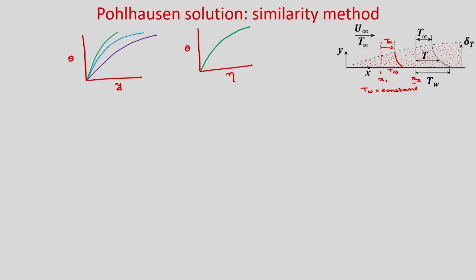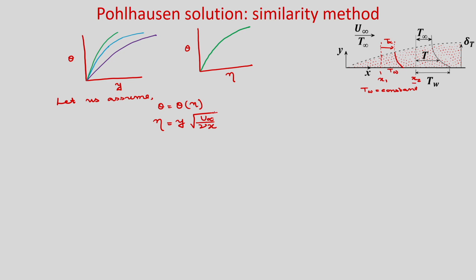If you see the energy equation, u and v are known from the solution of the velocity distribution. That means this is a linear equation, because velocity profiles are known and only the temperature distribution needs to be found. So, let us assume that theta is a function of eta only, and eta we already found in the last class as y into root of u infinity by nu x.